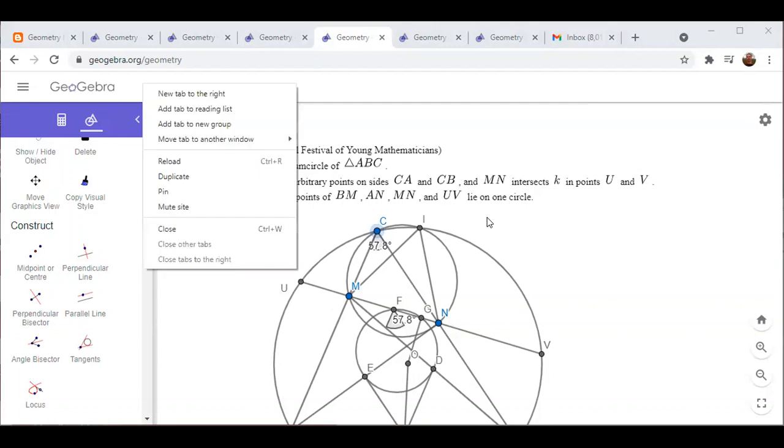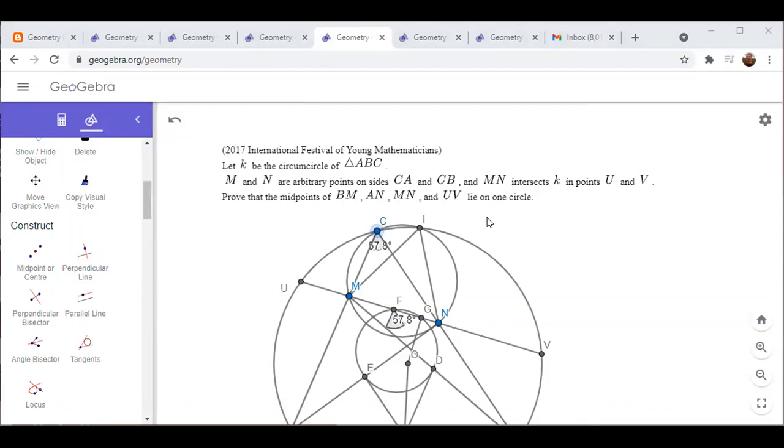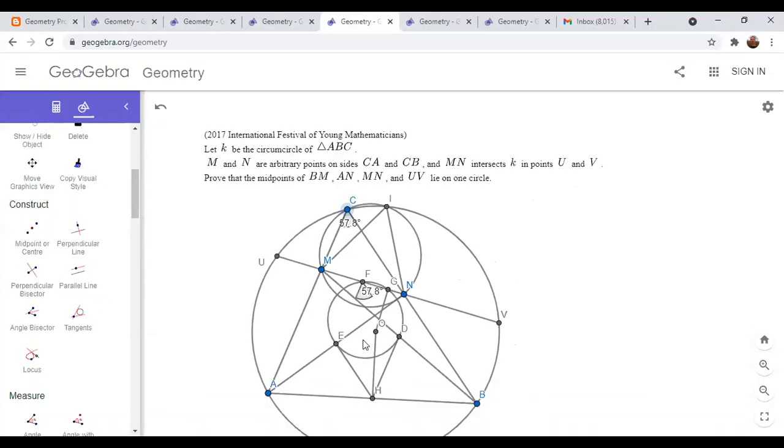How do I mute this? Here we go. Oh, I showed that in the problem on my channel that I did, this line MN has to pass through O. And then I showed, hold on one sec, what did I do?